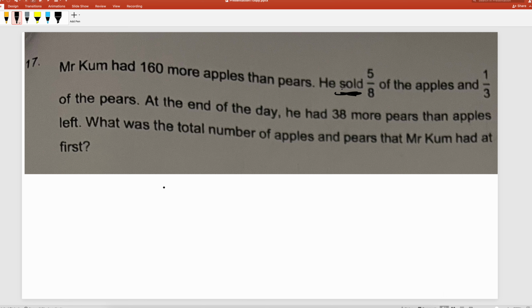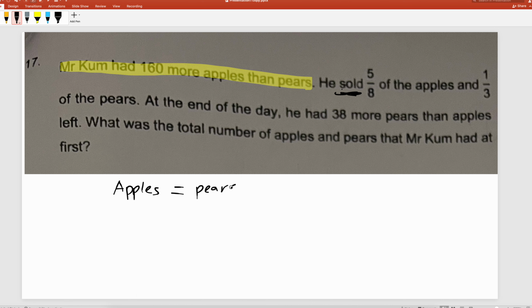So what I want you to write down is, look at this statement alone. It says apples is equal to pears plus 160, right? So you just need to know this one, and once you know this, it's simple.